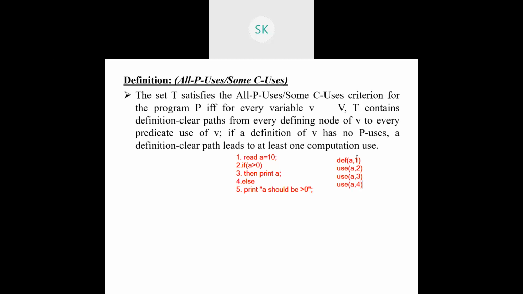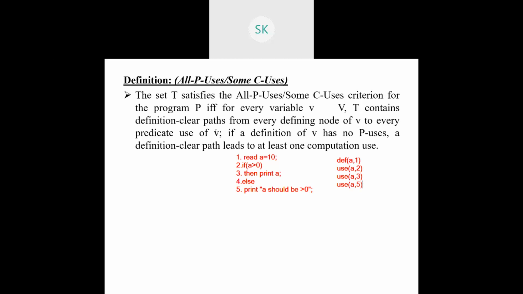Sorry, a comma 5. So this is how it would be working. We have identified the definition node, and we have identified the usage. Now, in this usage node, you need to talk about the predicate usage as well as computational usage. What they are saying is T contains definition clear paths from every defining node of V to every predicate use of V.